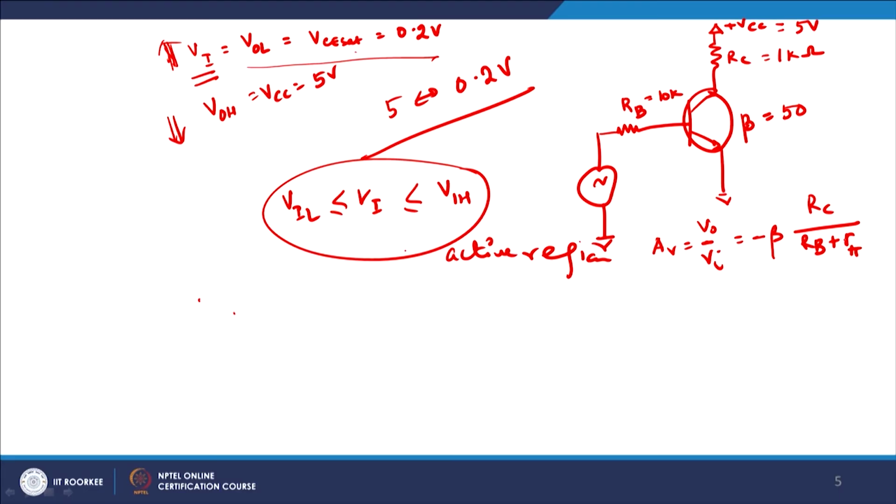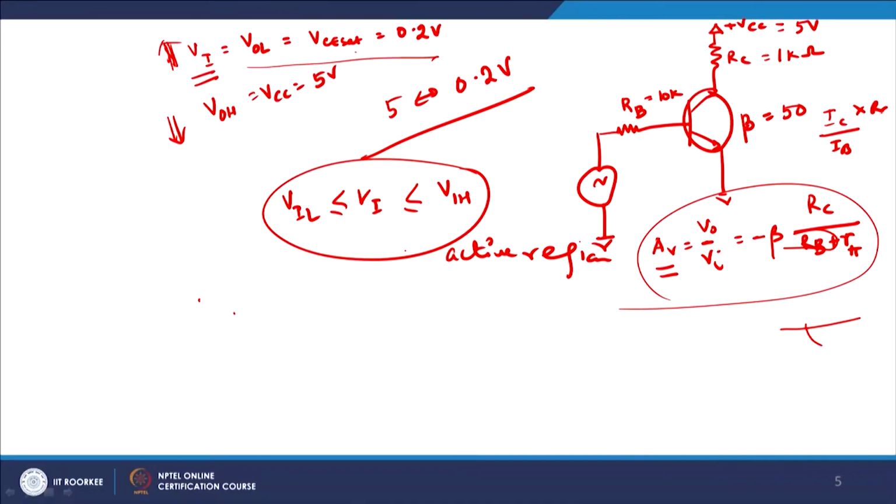We will discuss this time and again, but you can understand that it is the ratio of the collector current to the base current. Beta is equal to IC by IB. So, because beta is basically output current by input current, if you multiply this with RC and divide by RB, I get output voltage upon input voltage, which is exactly the AV value. Is it okay?